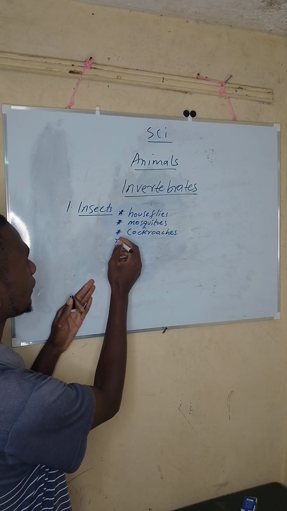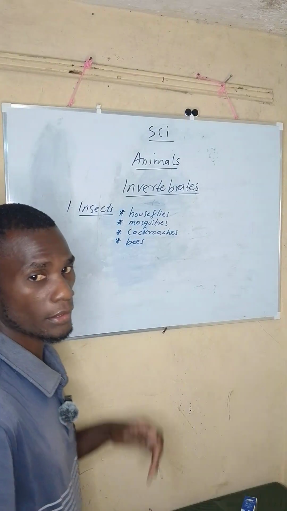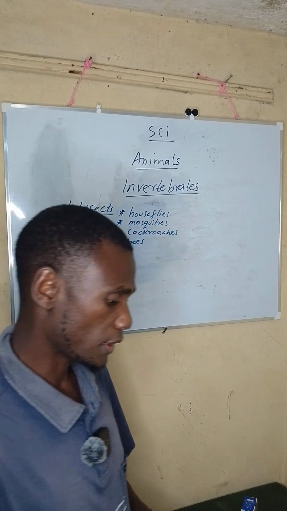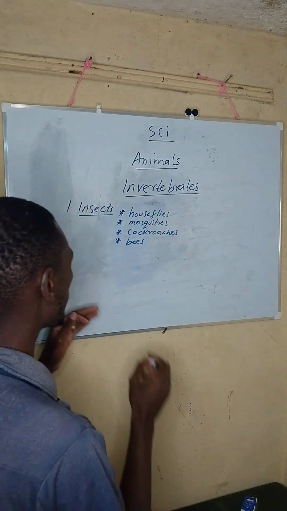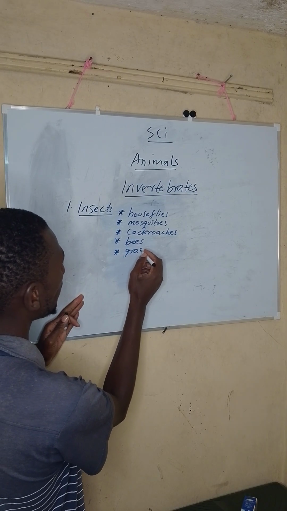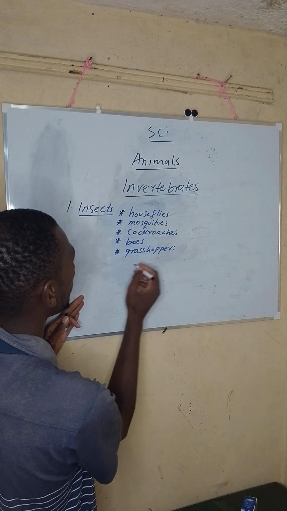We also have another one, the bees. Bees is also another example of this insect. We have grasshoppers also falling under this group.